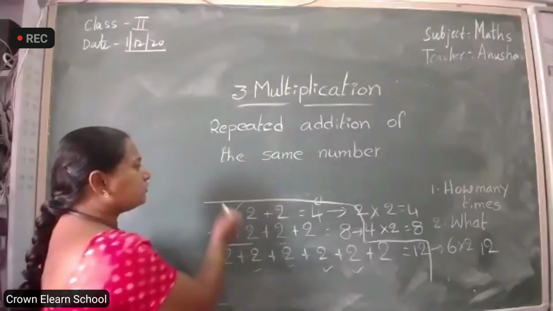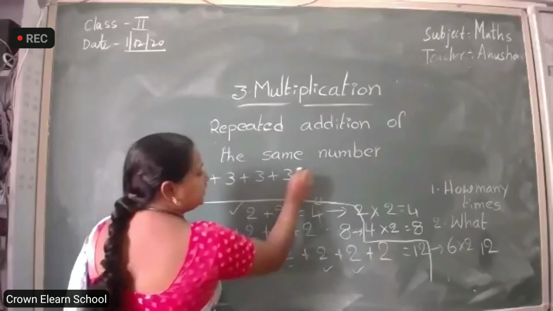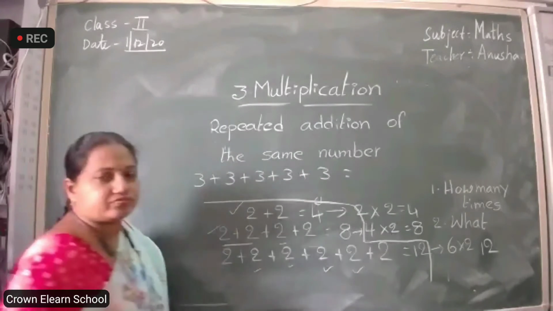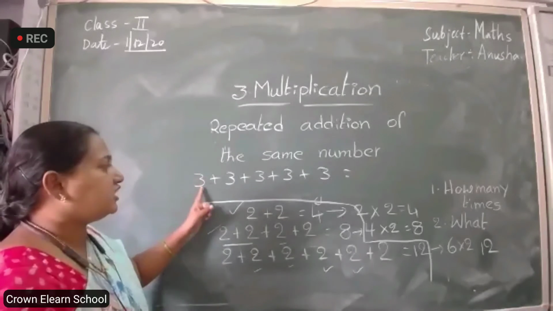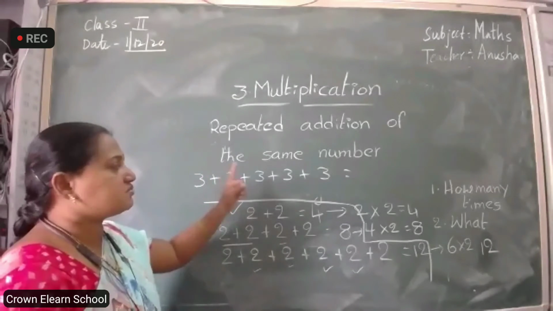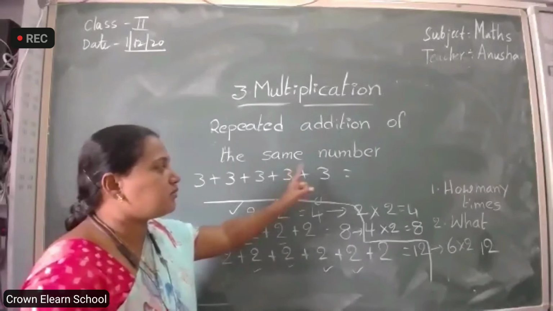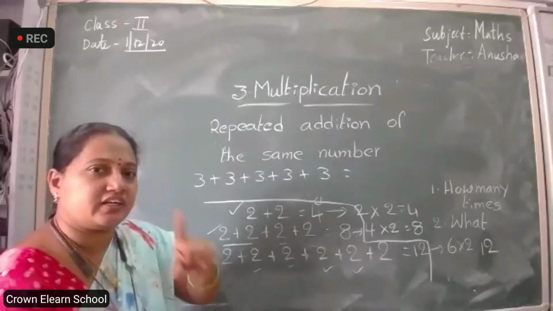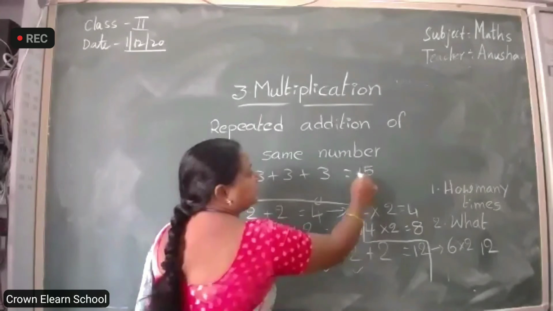Okay. Now look at this one. 3 plus 3 plus 3 plus 3 plus 3. One way is we can add 3 plus 3, 6, 6 plus 3, 9, 9 plus 3, 12, 12 plus 3, 15. That is one way. Yes, we got 15.